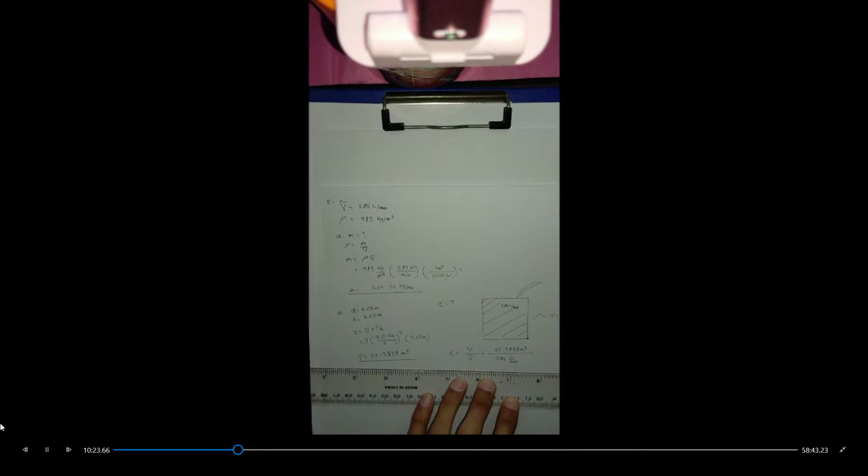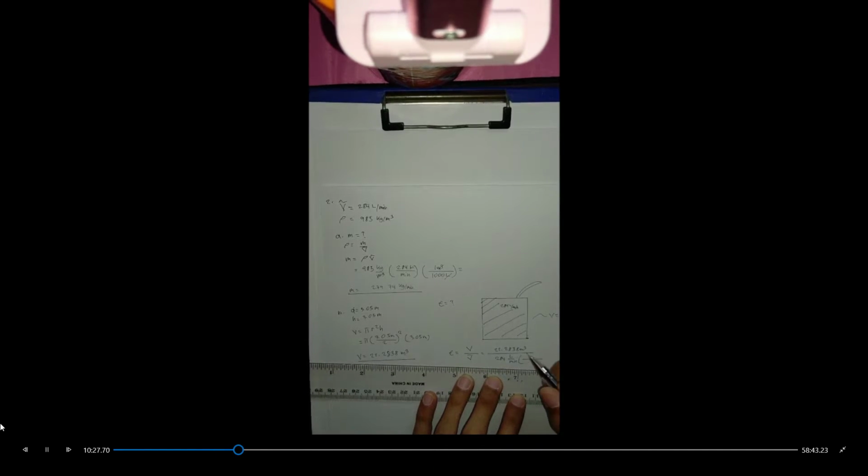Converting liters to meter cube in order for us to have a uniform unit. So 1 meter cube is equivalent to 1000 liters, and cancelling the units, meter cube cancels, liters cancel.